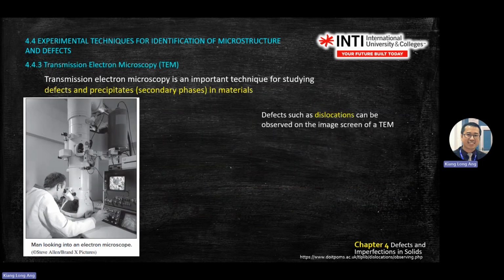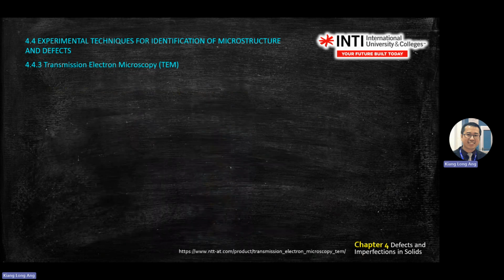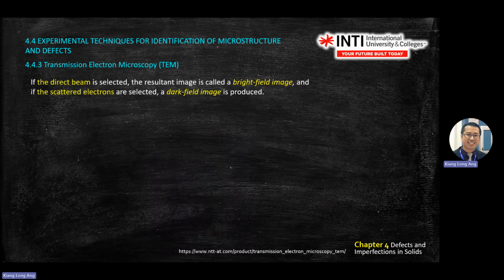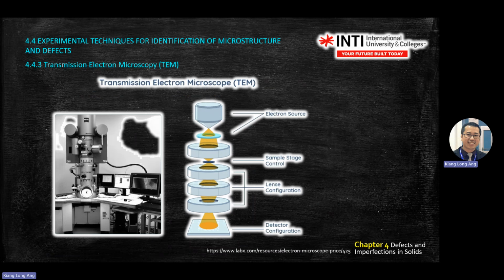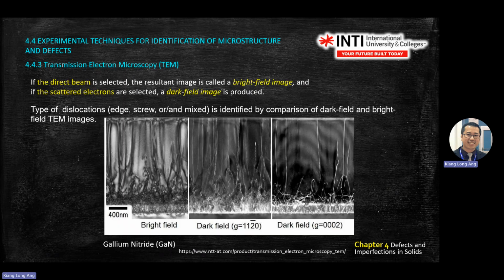Then TEM is another machine you use for material science. So a few names of equipment for material research. One is microscope. Another one is SEM. The third one is TEM. At least you know what instrument you can use.